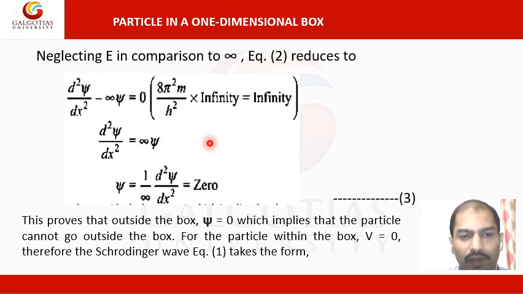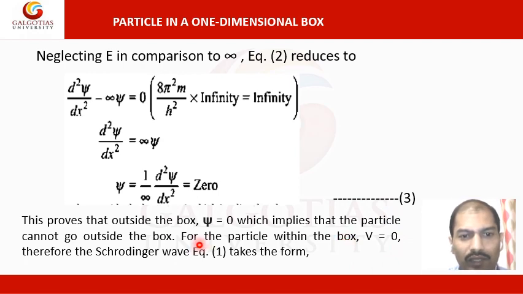In a simplified way we can write d square psi upon dx square equal to infinite times psi, or rearranging, psi equal to 1 upon infinite into d square psi upon dx square, which is equal to 0. So this equation proves that outside the box psi equal to 0, which implies that the particle is restricted inside the box.